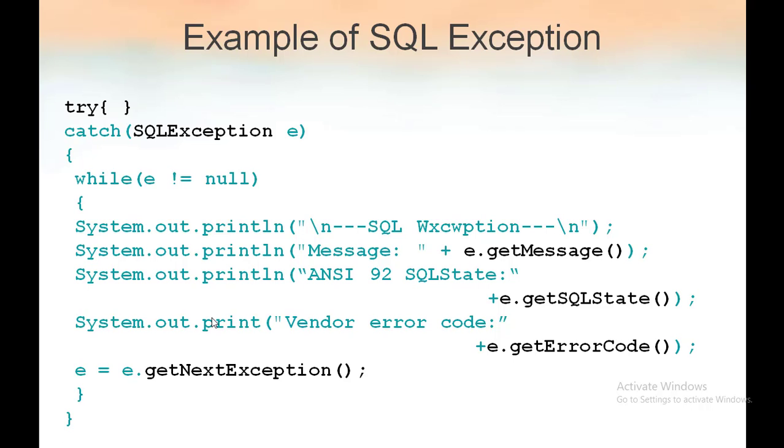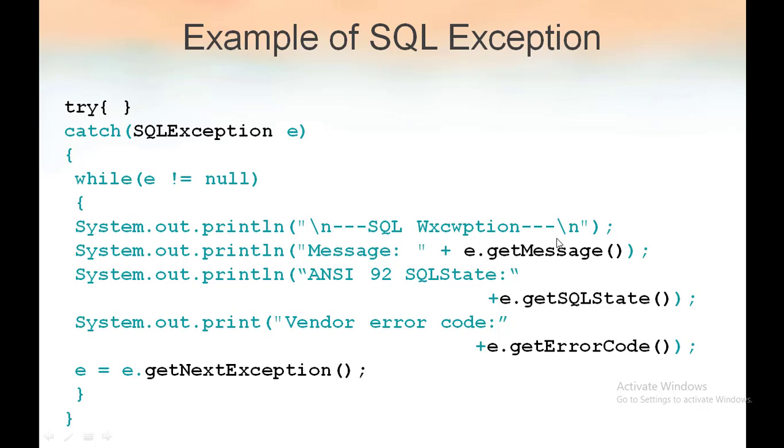Example of SQLException. In try, you have to write the code. If there is any exception, the program will go to the catch. In catch, I have passed SQLException and created object e. While e is not equal to null, meaning if we have an exception, we are printing the exception using different methods.